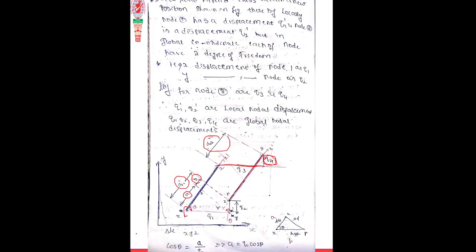The global coordinate? I don't know how you are following. We used dash in the figure. Local. Q3, Q4, Q1, Q2 are global. Keep this in mind. Therefore, Q dash is nothing but the nodal displacement vector with respect to the local coordinate system.